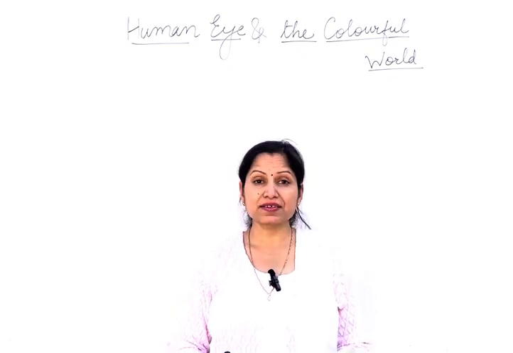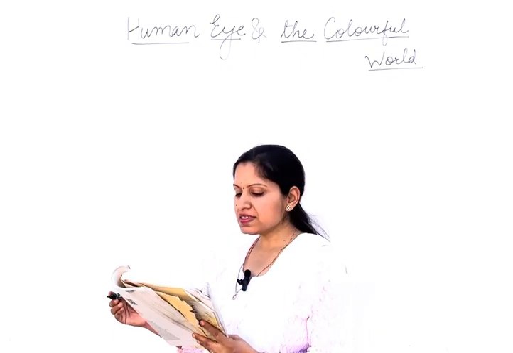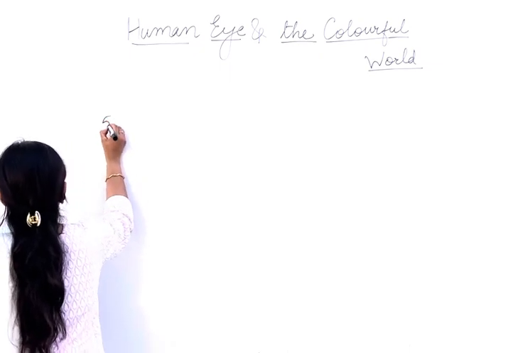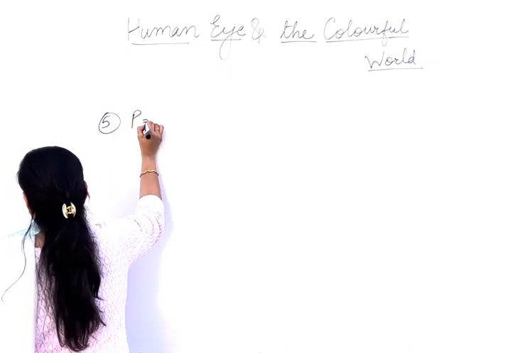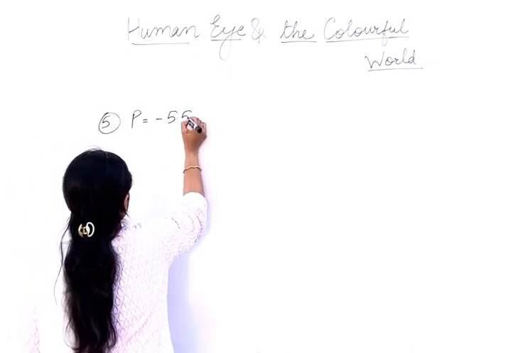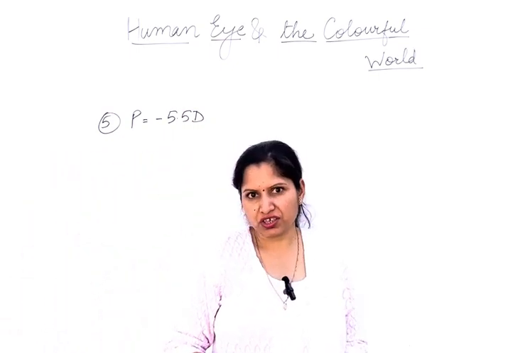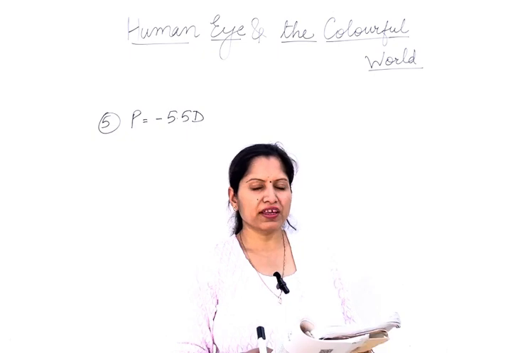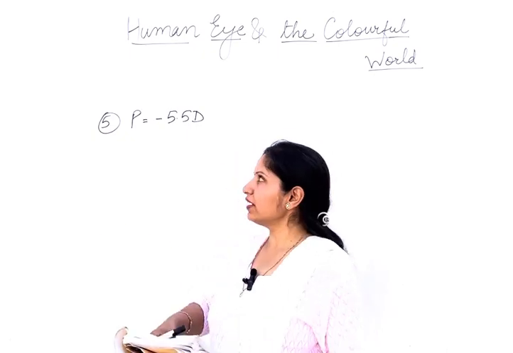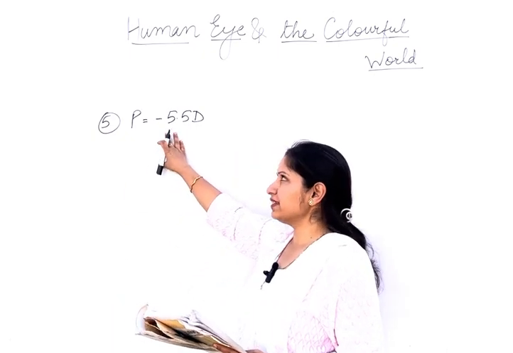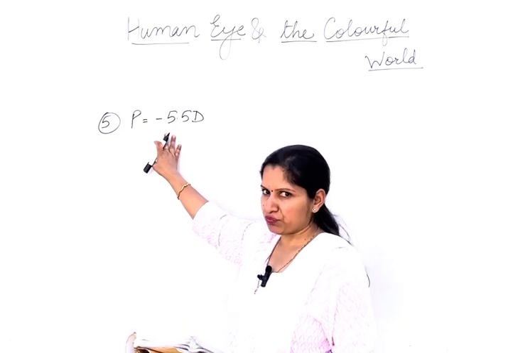Question number 5, a person needs a lens of power minus 5.5 diopter for correcting his distant vision. The person is having a problem looking at the distant objects, and for correction of that, he requires a lens having a power minus 5.5.